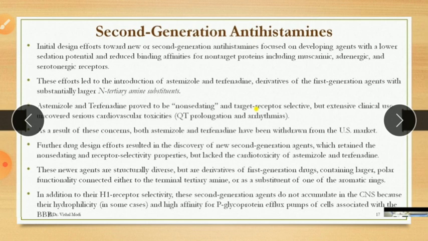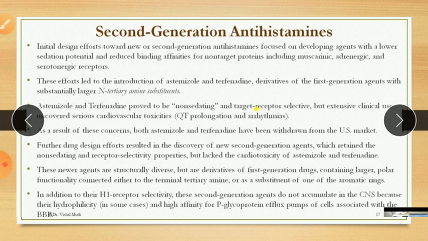These include acrivastine, cetirizine, levocetirizine, fexofenadine, desloratadine, etc. So initially, astemizole and terfenadine were discovered as second generation agents. They have less sedative effect and act on a specific target receptor, but have the side effect of cardiotoxicity.